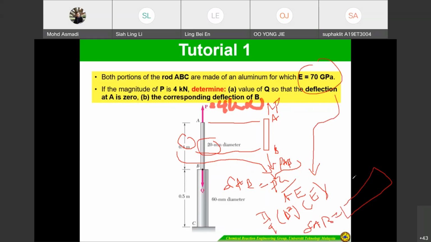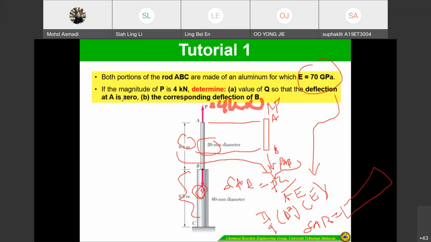And then we have to determine also the deflection for the member BC, because our target is to determine this Q. So meaning that the deflection at point A is equal to 0, should be the same.